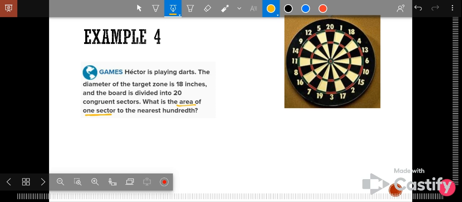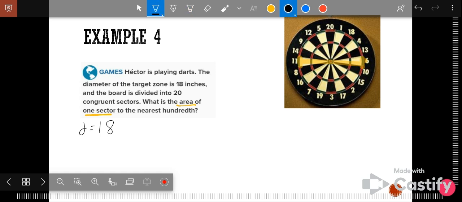It also tells you, right from the beginning, the diameter of the dartboard, which on a dartboard means we're going from the edge here to the edge here through the center, not the outer edge, the playable part of the dartboard is 18 inches.